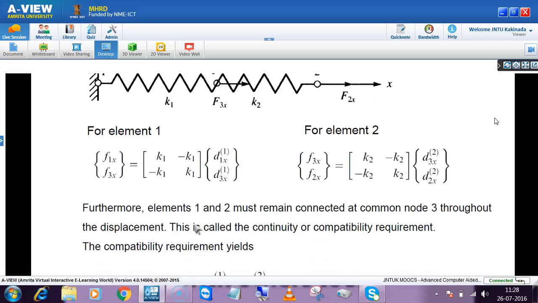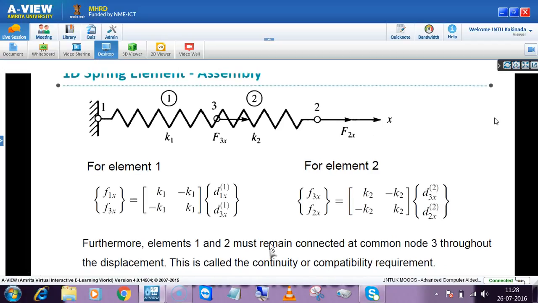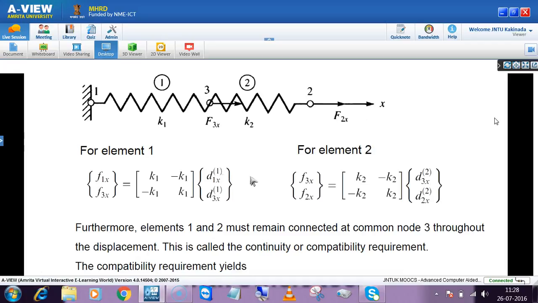One important thing we need to ensure is that elements 1 and 2 are connected at the common node 3. For the continuity and compatibility requirements, we have D3x here and D3x here.